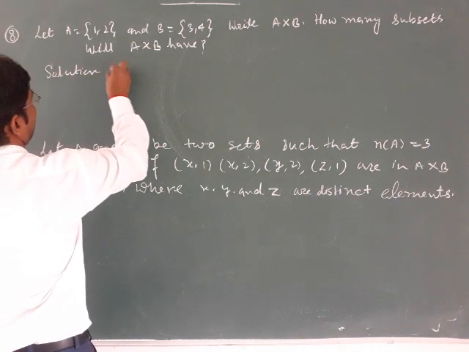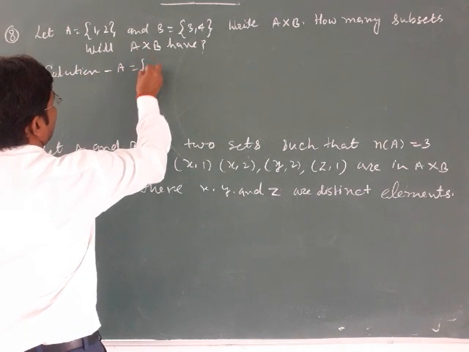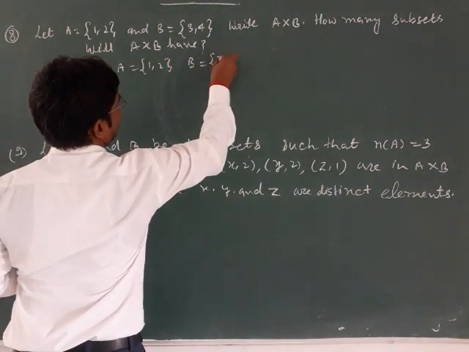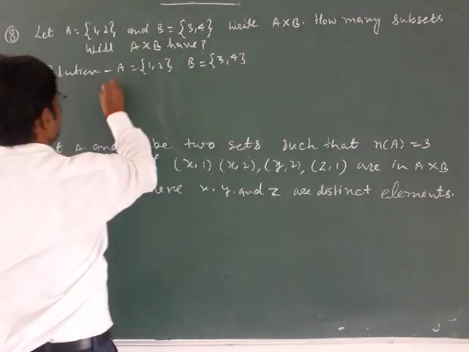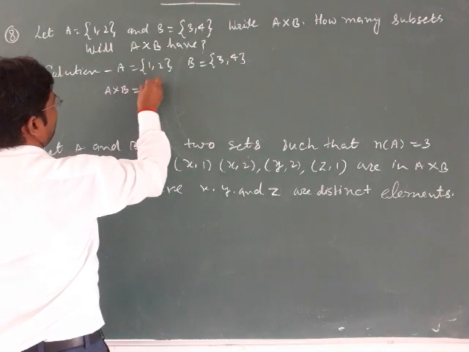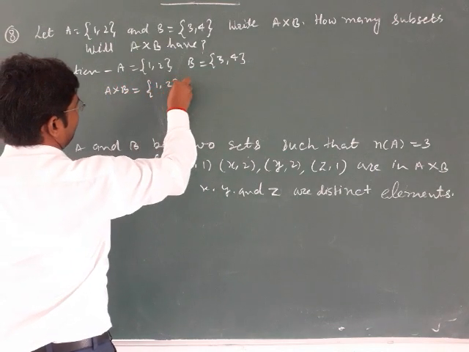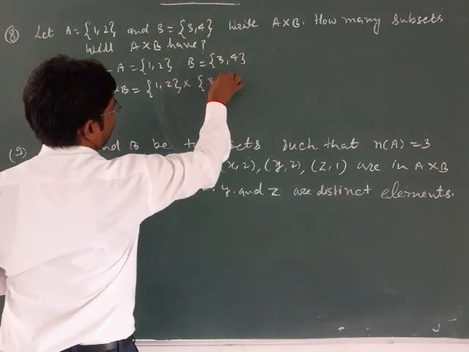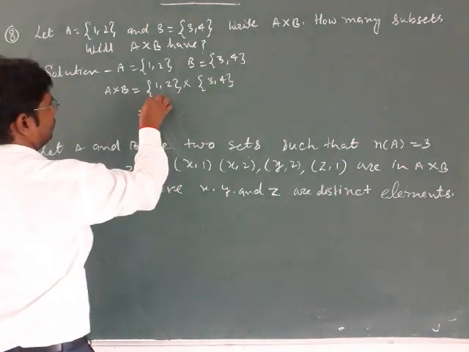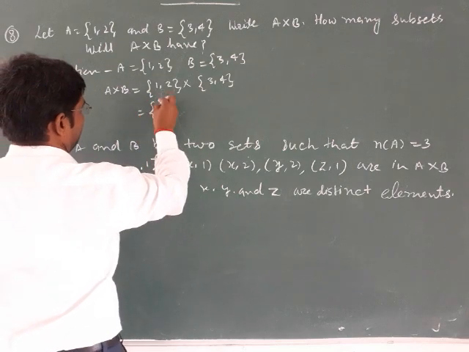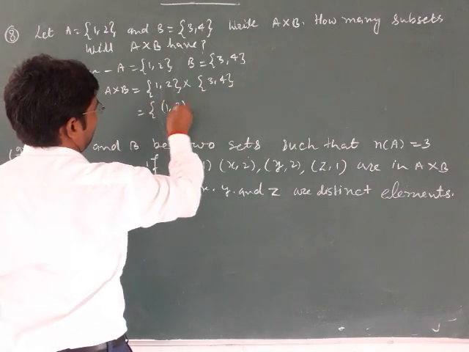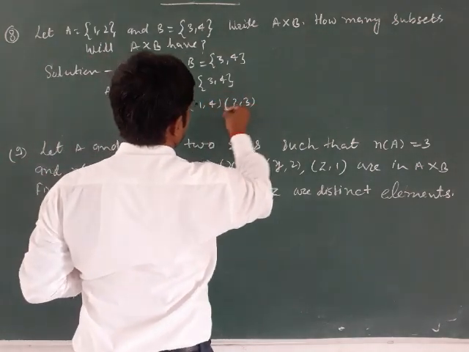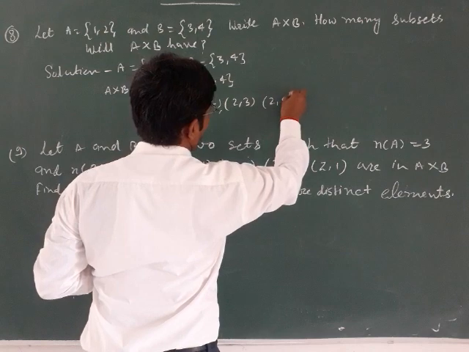So A is equal to {1, 2} and B is equal to {3, 4}. Now A cross B has ordered pairs (1, 3), (1, 4), (2, 3) and (2, 4).